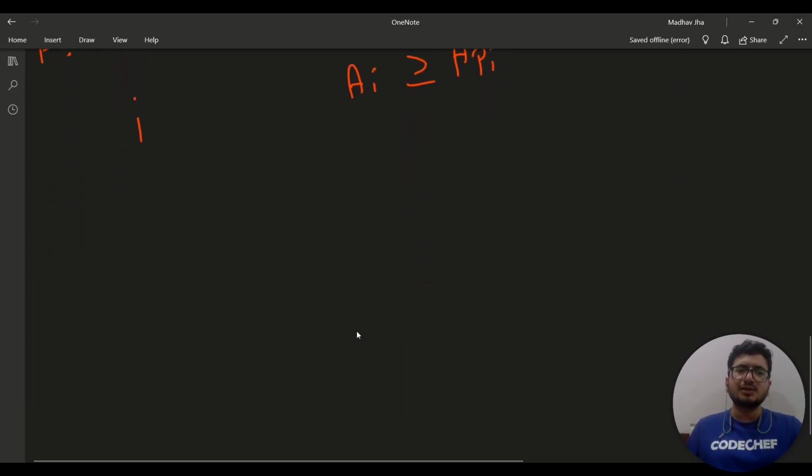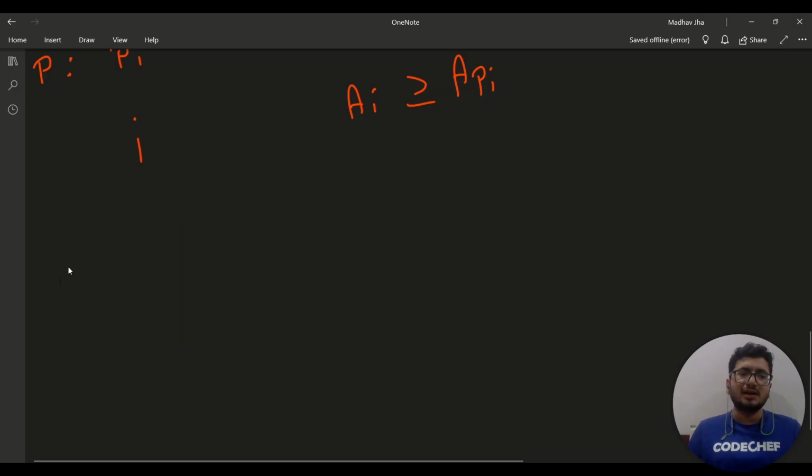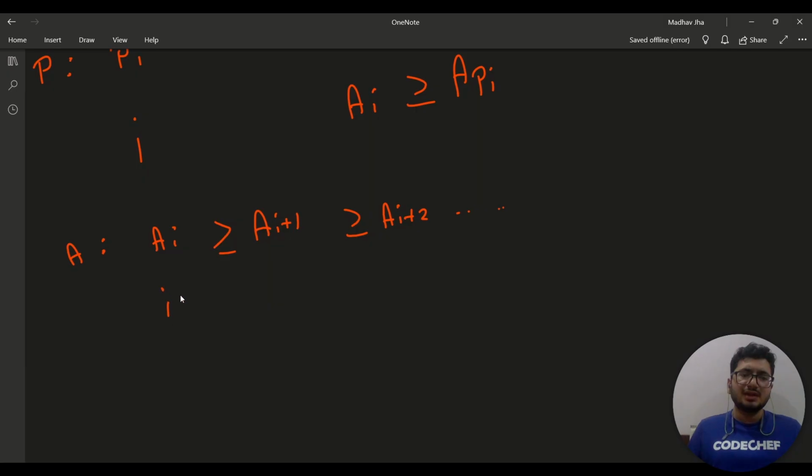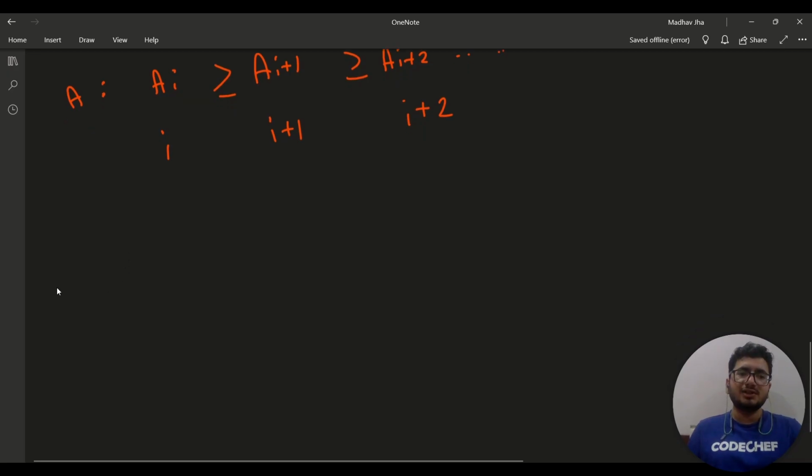So let's do something. Let's sort the array A, and we'll do this with the indices. It means that once this array is sorted, we'll sort this in descending order. That would mean that A of i is greater than or equal to A of i plus 1, something like this, right? And with this, we'll have these indices. Now, let's assume I create a permutation P of something like this.